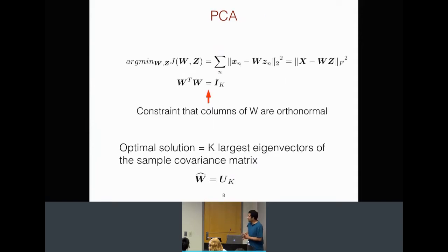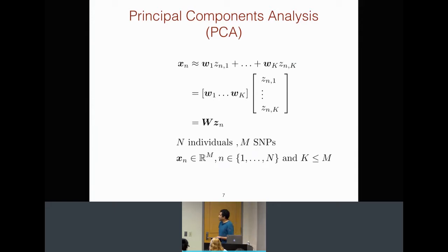So what's the problem that PCA is attempting to solve? We want to identify the W and the Z's. The W is the principal component matrix, so it's telling you what are these k low-dimensional representations. And Z is the projection of this individual along these principal components.